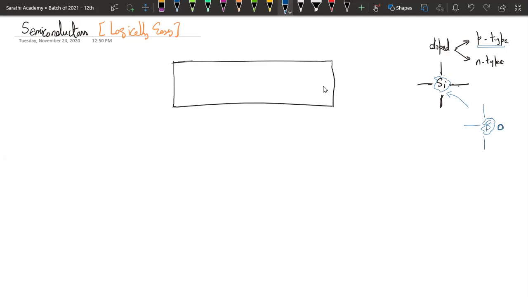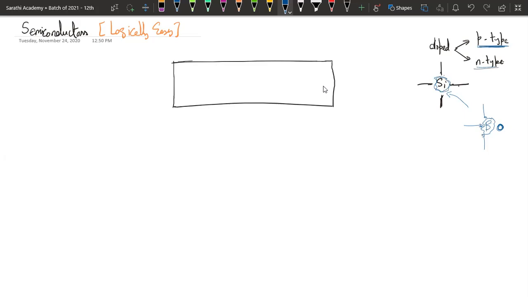Hole means there is no bond with boron because boron has only three valence electrons. So that is why a hole is created like this. So this is called a p-type impurity.